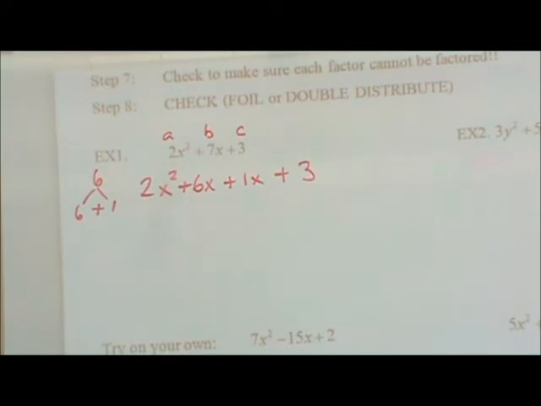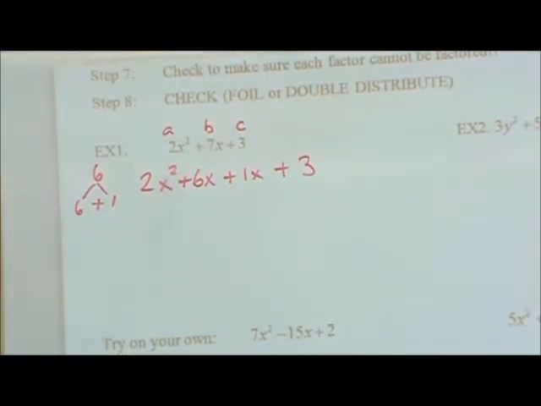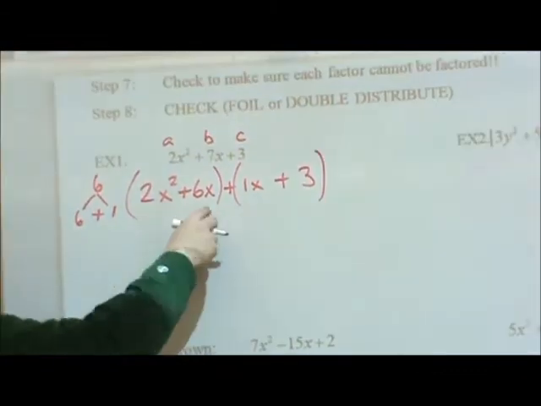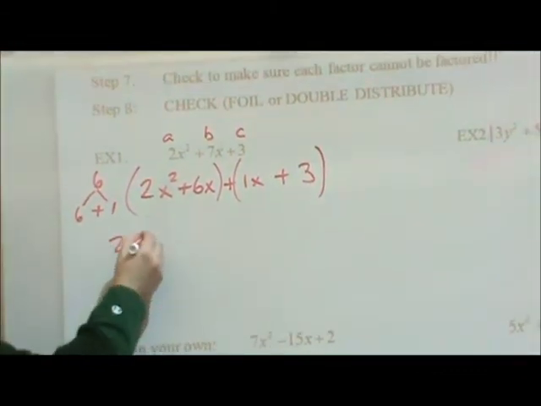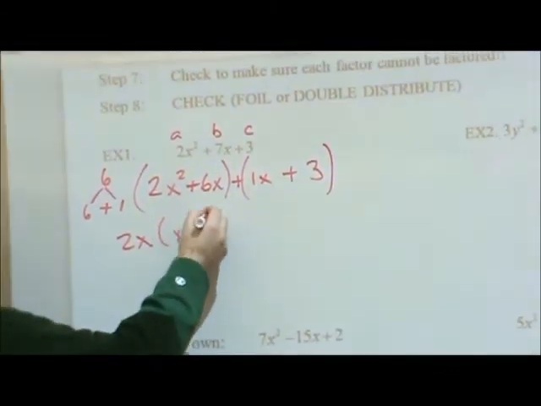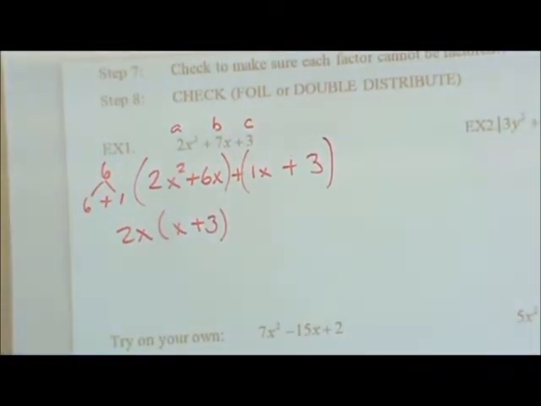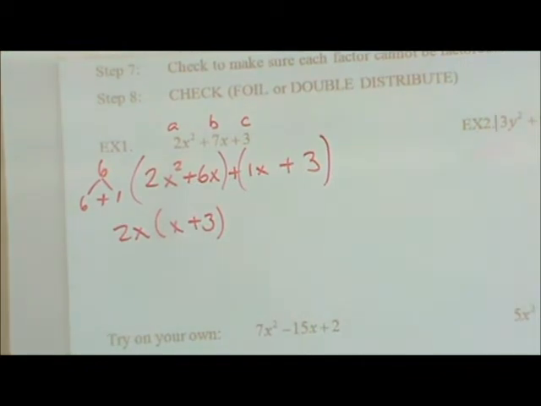So let's go ahead. 4 terms, factor by grouping. Take the GCF, 2x, x plus 3. 1x and 3. No GCF other than the number 1.